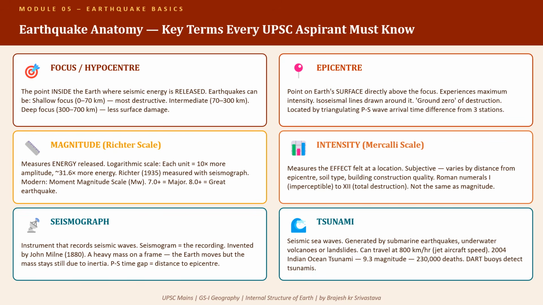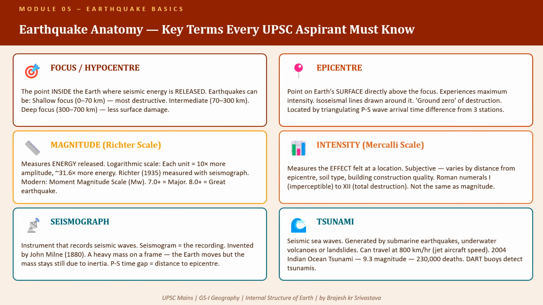And tsunami, perhaps the most feared effect of underwater earthquakes, generated by sudden vertical movement of the ocean floor during submarine earthquakes, volcanic eruptions, or underwater landslides. Tsunami waves travel at 800 kilometers per hour, as fast as a jet aircraft, but are barely noticeable in the open ocean.